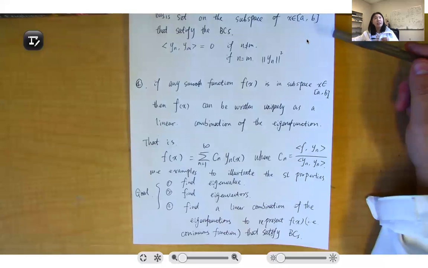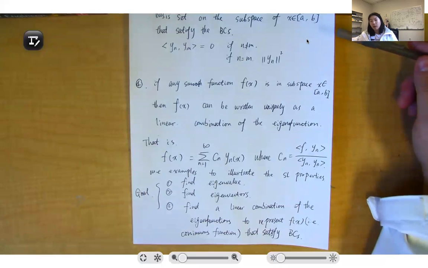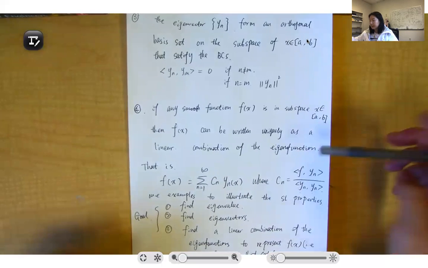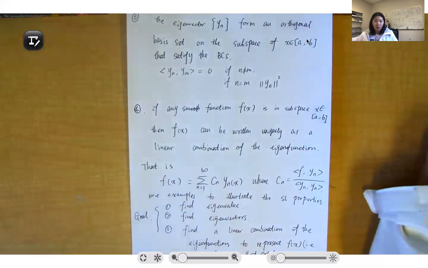First, the SL problem has infinitely many eigenvalues. Then correspondingly, each eigenvalue will have a unique eigenvector, so it will have infinitely many eigenvectors. Then you can form a basis set using those eigenvectors, and those eigenvectors have the property which is orthogonal.